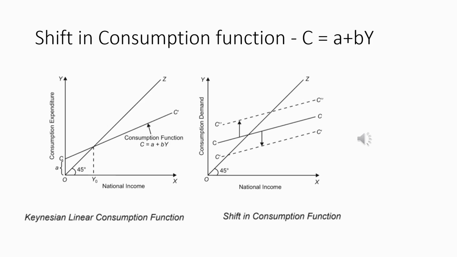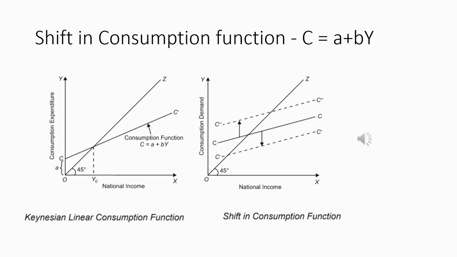In a specific form, Keynesian linear consumption function can be written as C = a + bY, where a and b are constants. a is the intercept term of the consumption function, b stands for the slope of the consumption function and therefore represents marginal propensity to consume, and Y represents the level of current income.